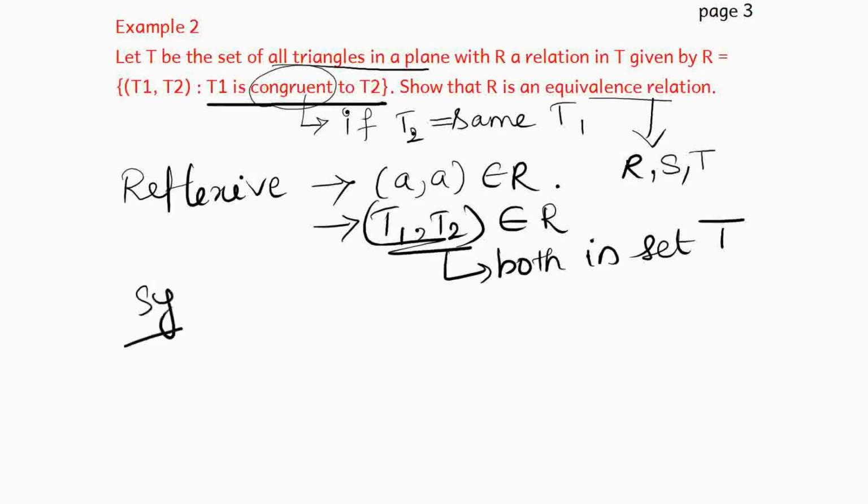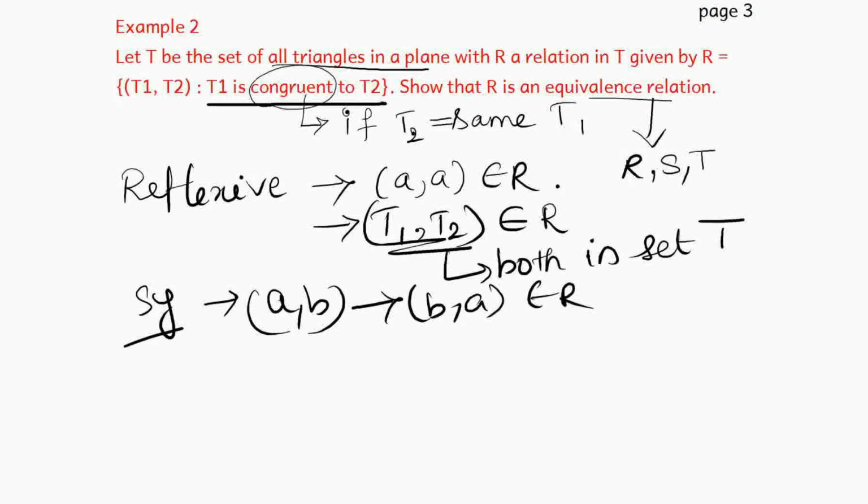Second condition is symmetric. If I change (a, b) to (b, a), then that should be in the relation. If T1 is similar to T2, obviously T2 will also be similar to T1. That is congruent. So it is symmetric.